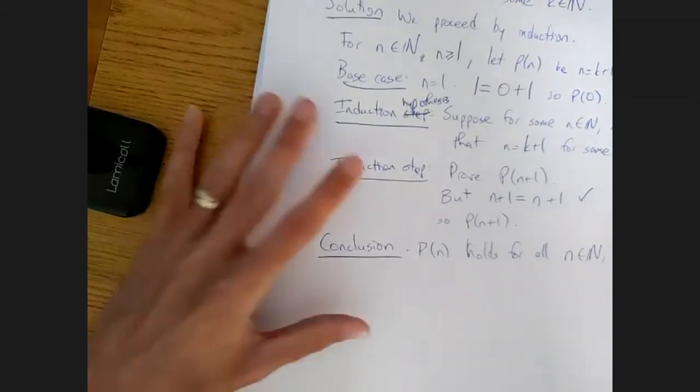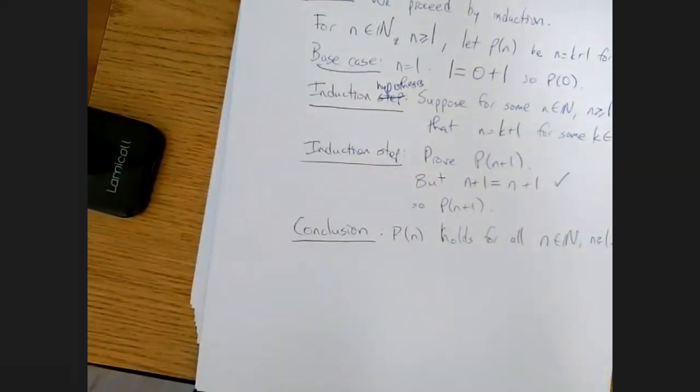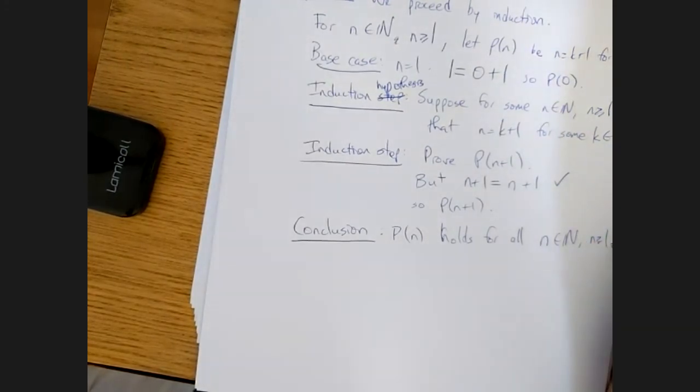There is one minor point, and that is we need to know that the set of all natural numbers greater than or equal to 1 is equal to the set of non-zero natural numbers.